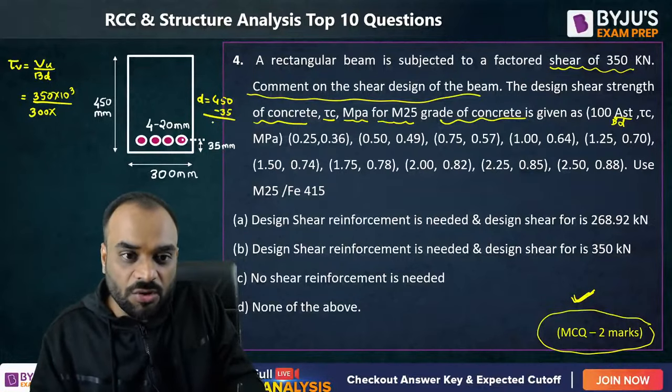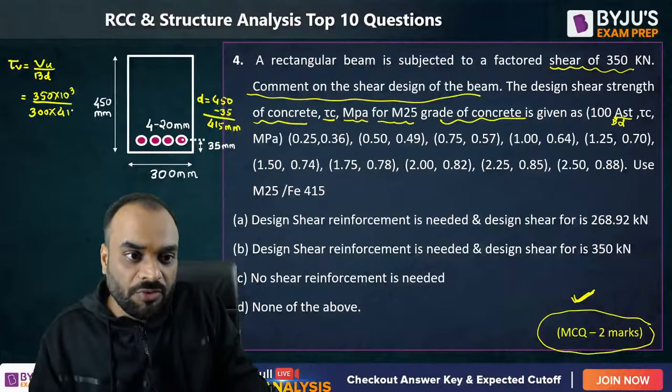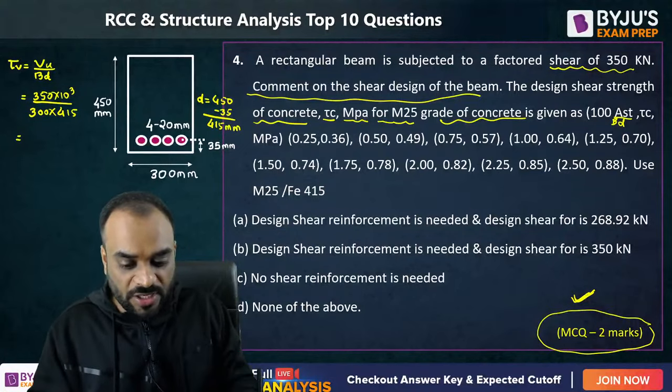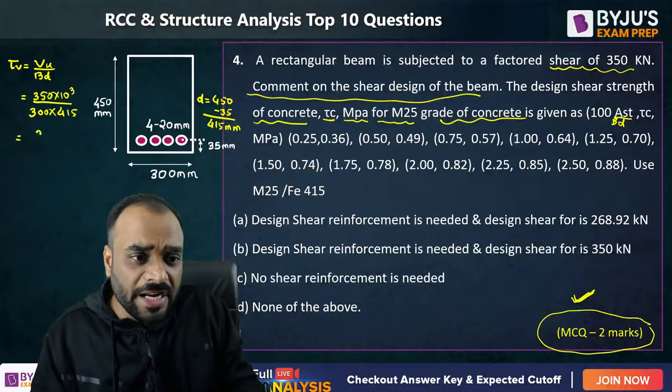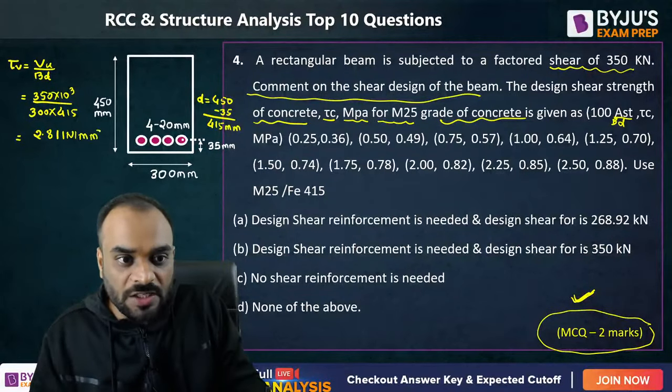So this value is coming around 415 mm. So 350 multiplied by 10 raised to power 3 divided by 300, 415. So guys, we are getting a value of 2.811 Newton per mm square. That is basically tau v.